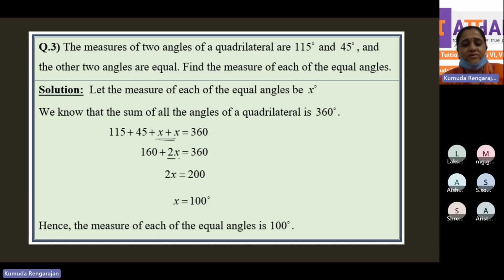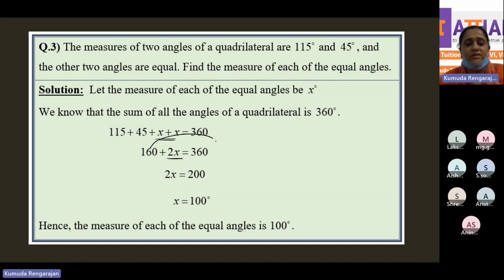x and x is 2x. Then this 160 on the other side will become 360 minus 160. 360 minus 160, so it becomes 200. This is 160. x plus x, 2x, is equal to 360 minus 160.